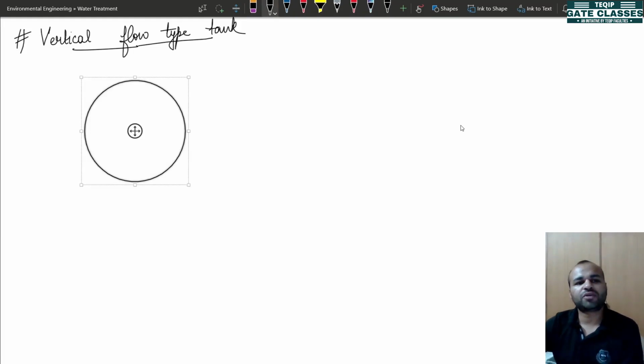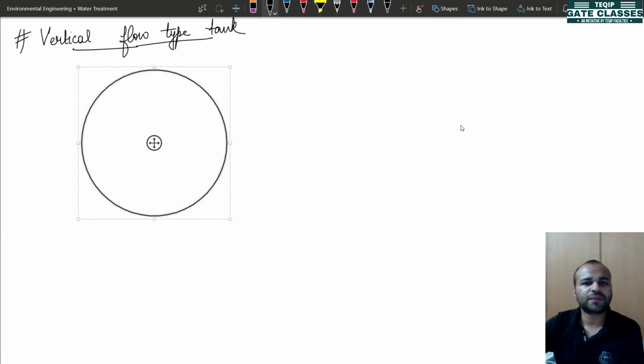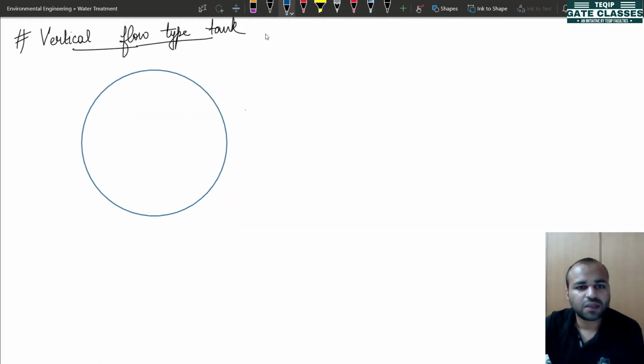So I am drawing the top view of the tank. Okay. So this is your outer circumference.